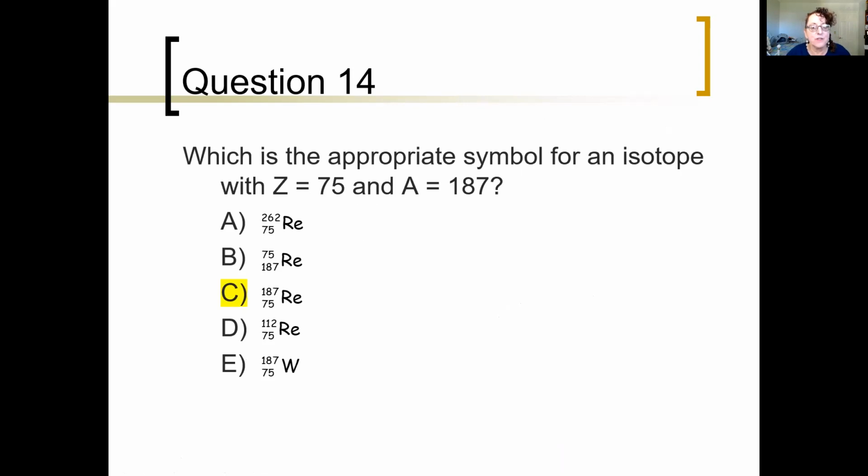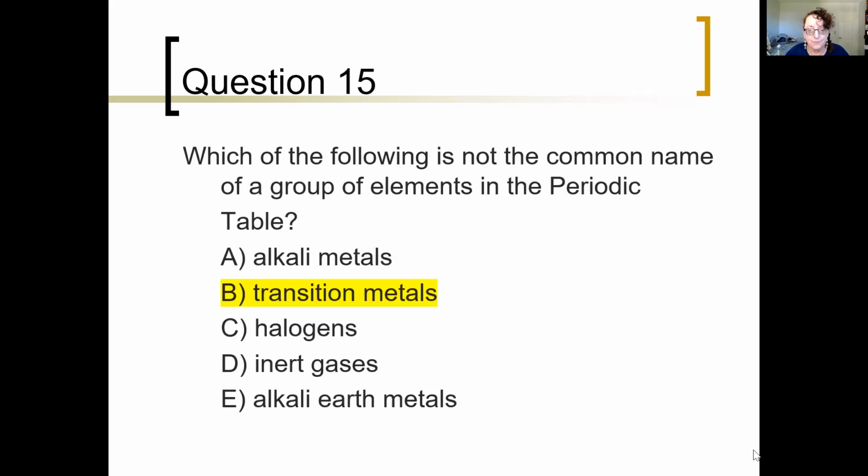So then this is using that system. We're going to do this in the nuclear chapter. I would just use a process of elimination for a question like this, because they go all the way across a period.